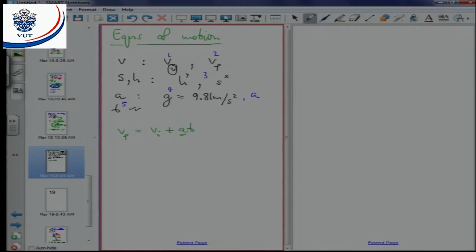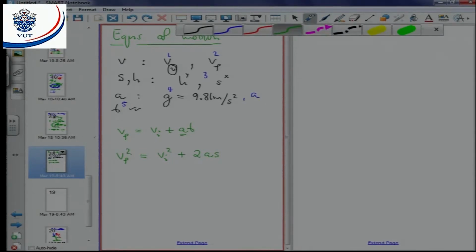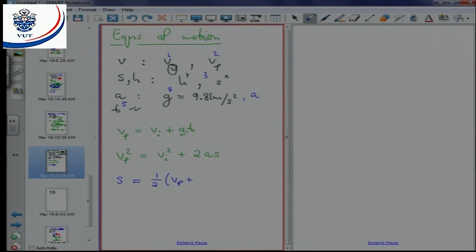Then we have another one, Vf squared equals Vi squared plus 2as. And then we also have S or H equals 1/2 (Vf plus Vi) multiplied by t.